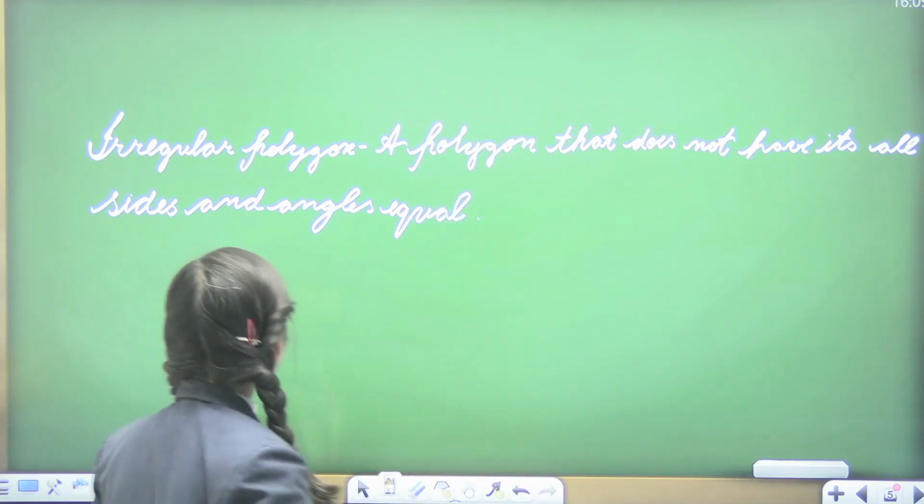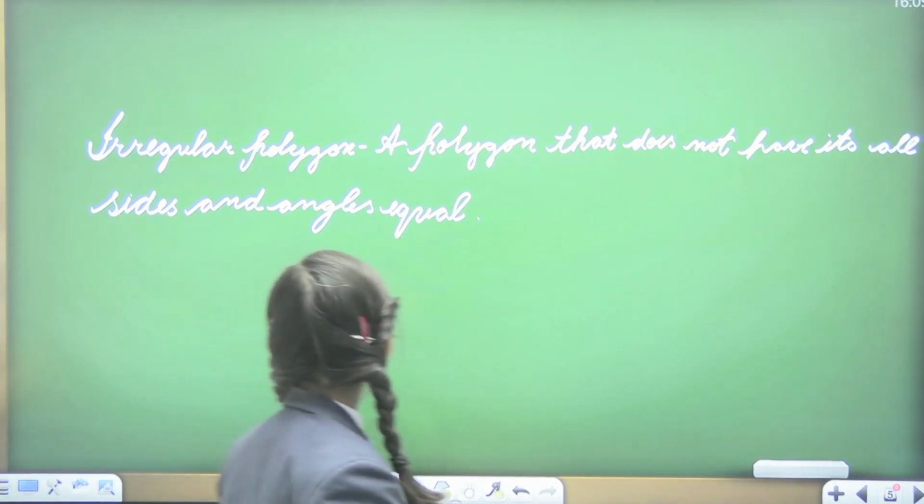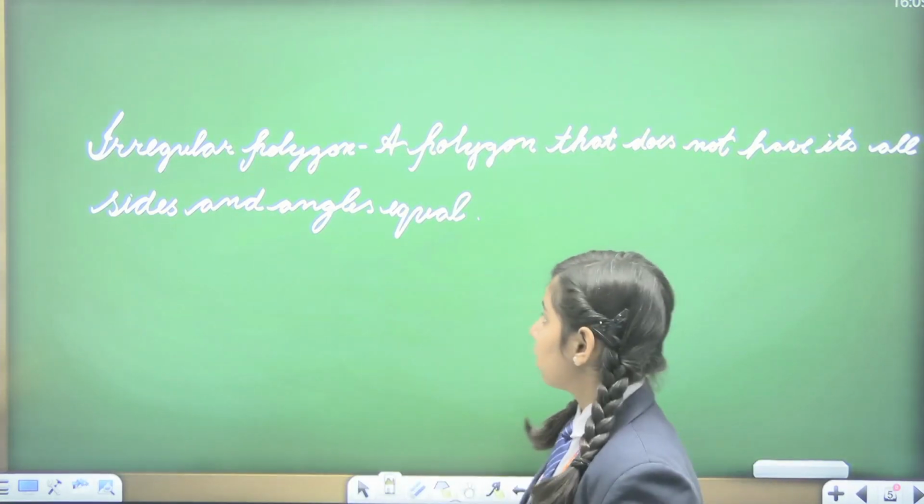So as per the definition, it is a polygon that does not have all its sides and angles equal.